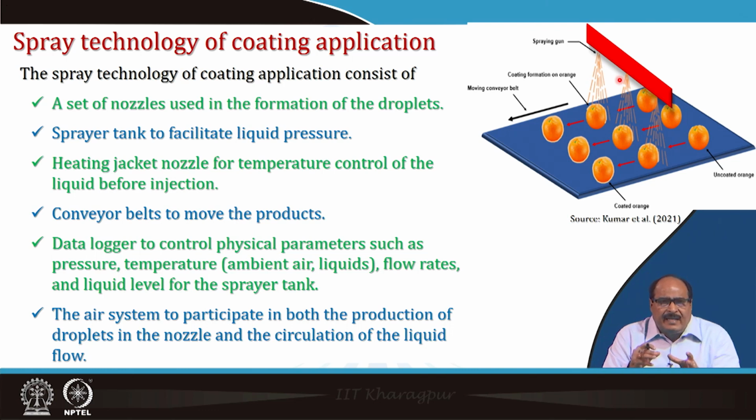Then a heating jacket nozzle for temperature control of the liquid before its injection, a conveyor belt to move the product, a data logger to control physical parameters such as pressure, temperature, flow rates, liquid level for the sprayer tank, and an air system to participate in both the production of droplets in the nozzle and the circulation of liquid flow.